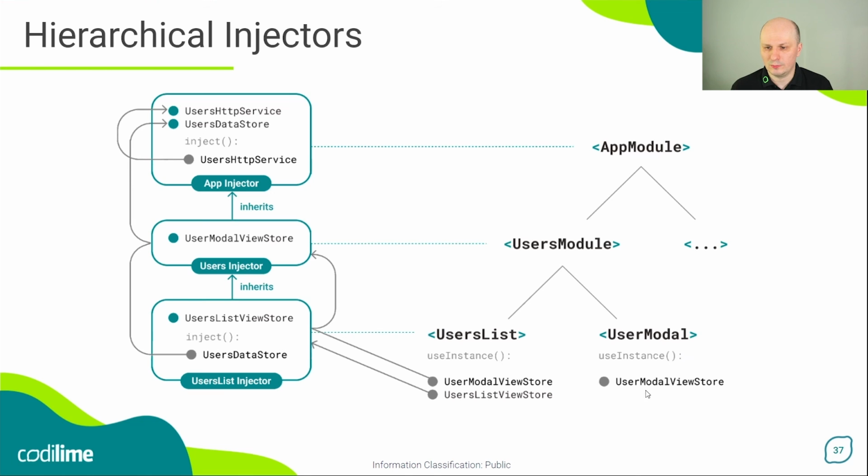In the user model component, I was using useInstance hook to inject user model view store. And in this situation, the user model had no own injector. So useInstance is also using under the hood React context API. So it goes up and tries to find in the parent's path where is the first injector connected with the component. So the user model view store in this situation is injected directly from this injector.